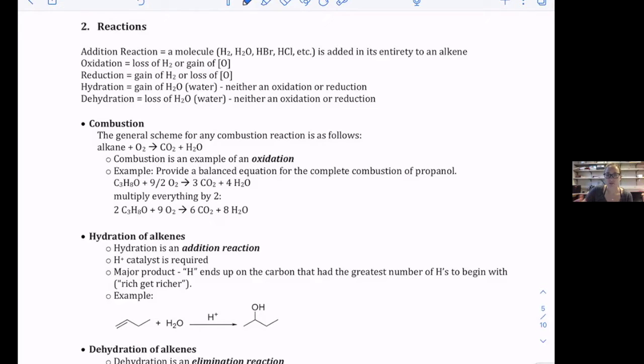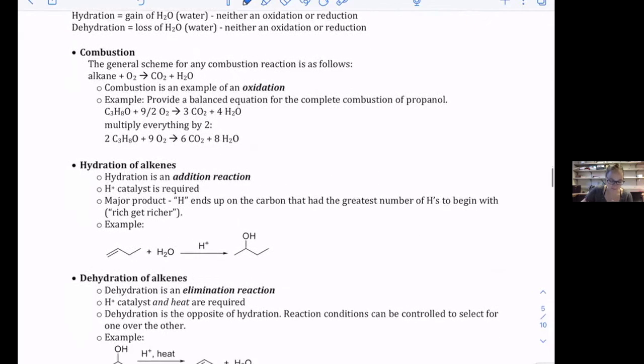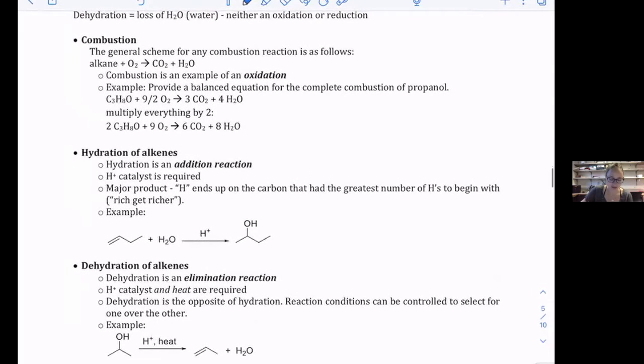We have hydration, which I just mentioned is an addition reaction, where you gain water across the bond, and then dehydration, where you lose water and create a double bond. We also have combustion. So you can have combustion of an alkane, or you can have combustion of an alcohol.